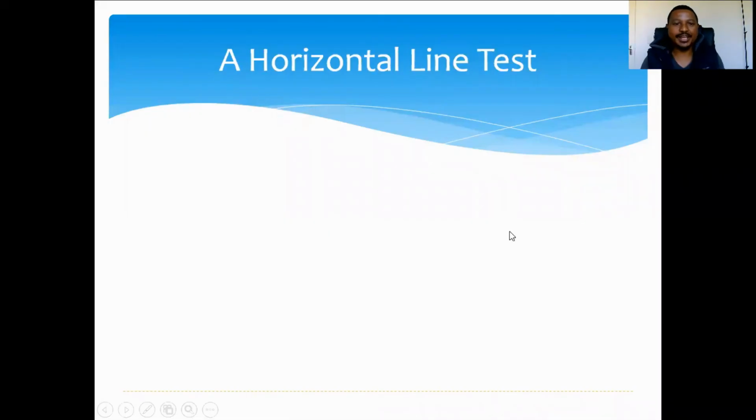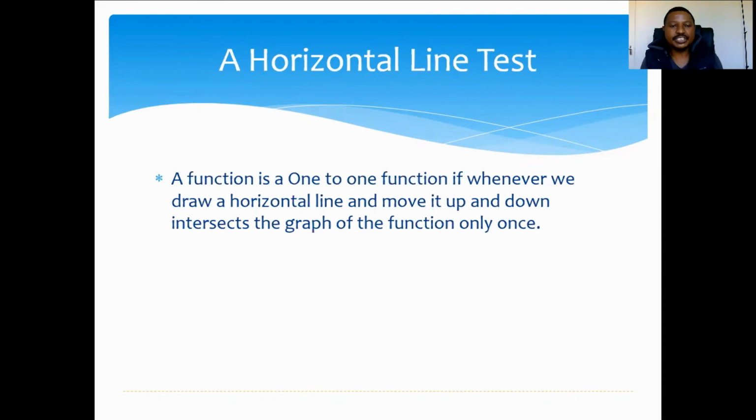So now we are looking at the horizontal line test. What is this test telling us, learners? Whether the function is one-to-one or many-to-one. What the horizontal line test says is that a function is one-to-one if whenever we draw a horizontal line and move it up and down, it intersects the graph of the function only once.